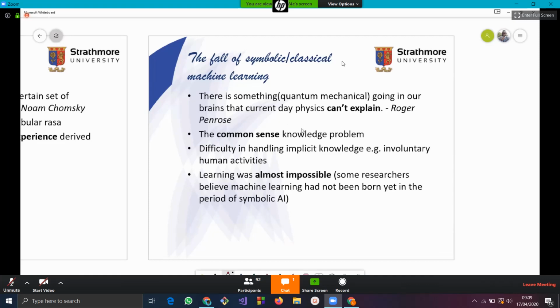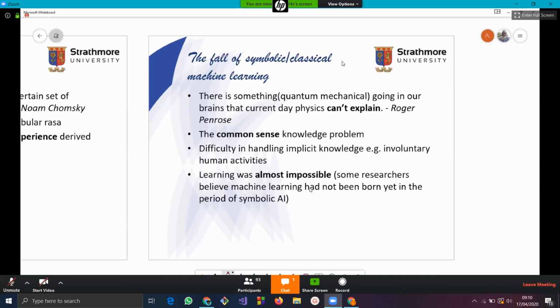So representing common sense. This is the slide you should focus on in this section. I could ask you to justify why modern day AI is driven heavily by statistics. The argument here is that with symbolic AI, it was difficult to represent symbols. It is difficult to represent common sense. And learning was almost impossible in this period.